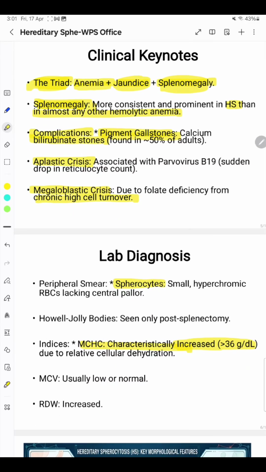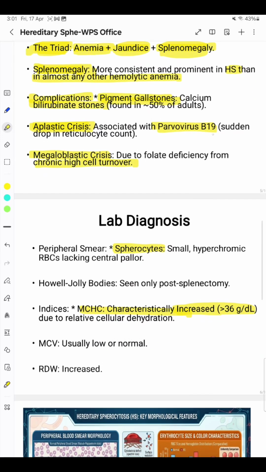Aplastic crisis can also be seen in hereditary spherocytosis when there is infection with parvovirus B19, and this is identified by a drop in the reticulocyte count. Megaloblastic crisis can also be seen.